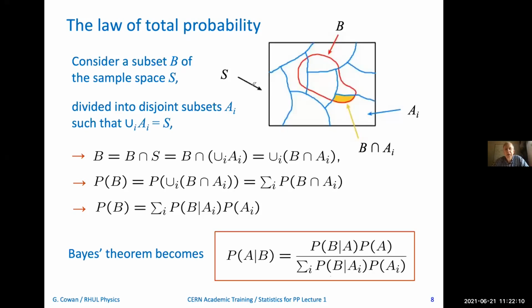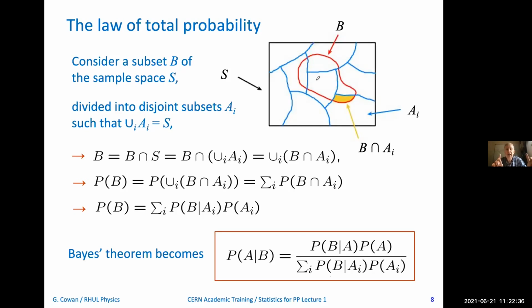And so what I want to do is work out a probability for B. Now what you can see is that for any one of the A sub I's, there might be a certain chunk of it that lies within B. So if that is A sub I, then the yellow guy there, that's the intersection of B with A sub I. And of course, you get an intersection of B with A sub J and so forth.